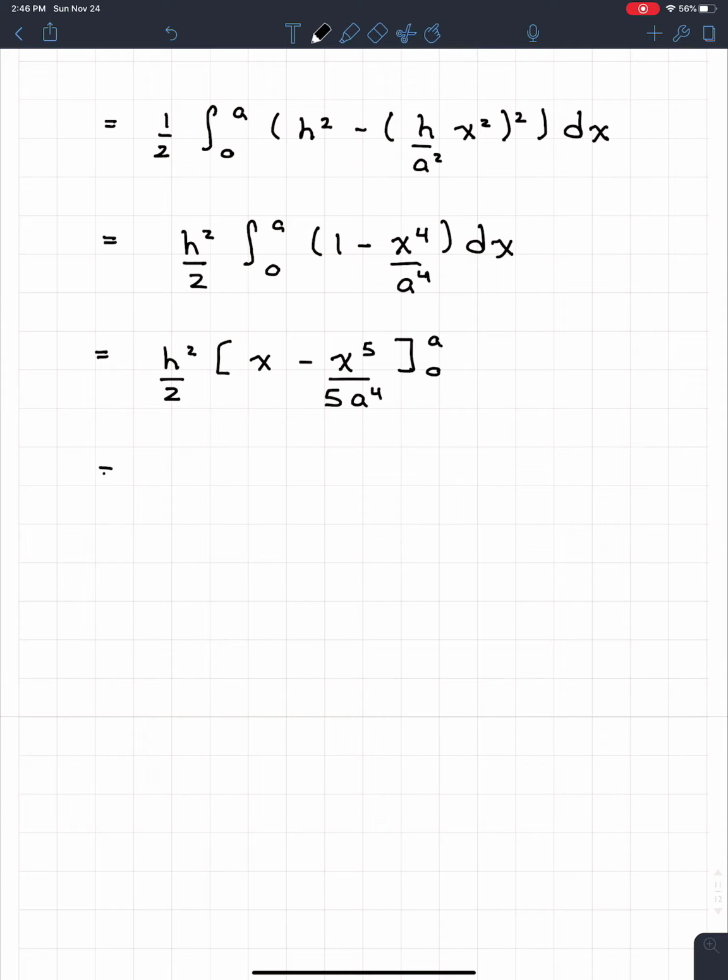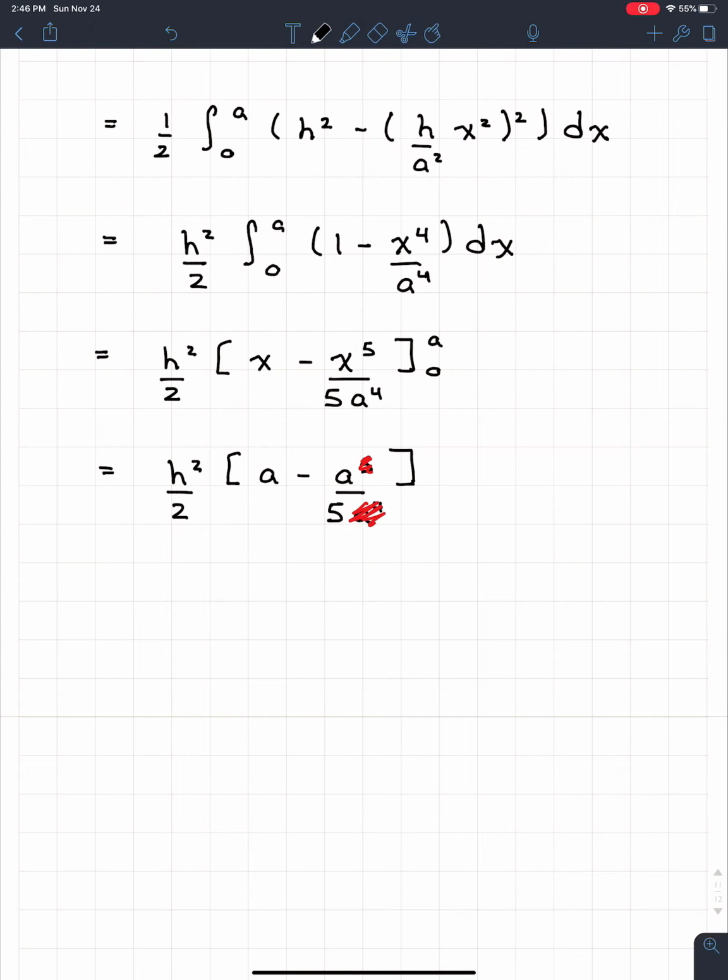So we can substitute a in to get h squared divided by 2. Then in brackets, we're going to have a minus a to the 5 divided by 5a to the 4. So it's funny how it always looks complex, but a lot of things will cancel out. So this 5 will cancel out with the a to the 4.